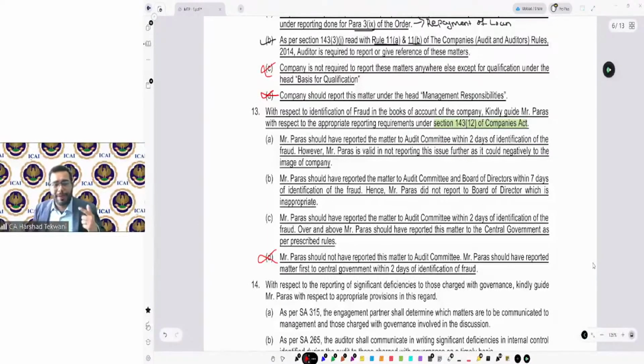Now from ABC, I know section 143(12) requires reporting to the central government in form ADT-4. There is a form ADT-4 which requires reporting to the central government with respect to any fraud which has been identified.